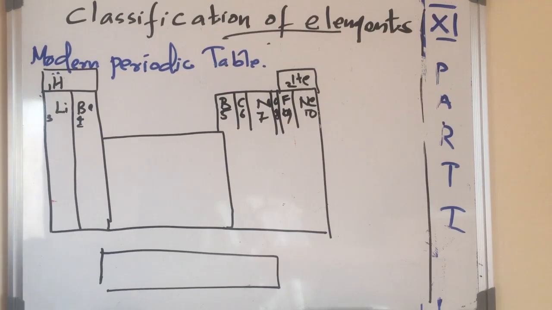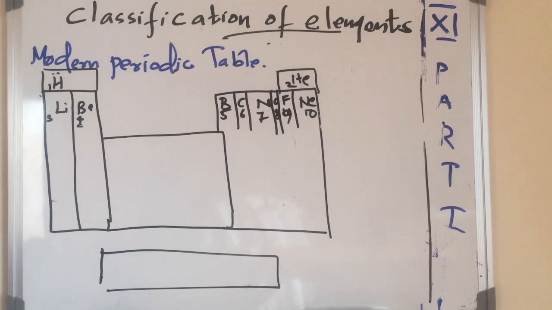Elements are arranged in the increasing order of atomic number. So the modern periodic law states that physical and chemical properties of elements are a periodic function of their atomic number. I repeat, the modern periodic law states that physical and chemical properties of elements are a periodic function of their atomic number.